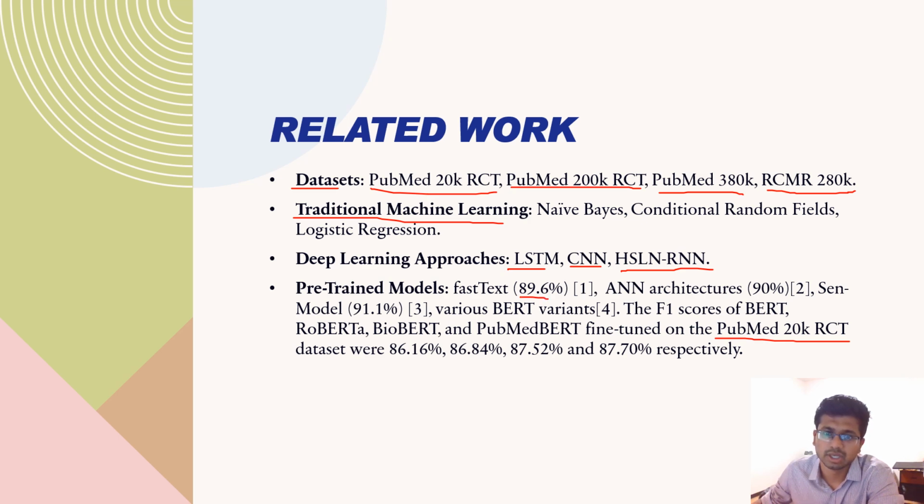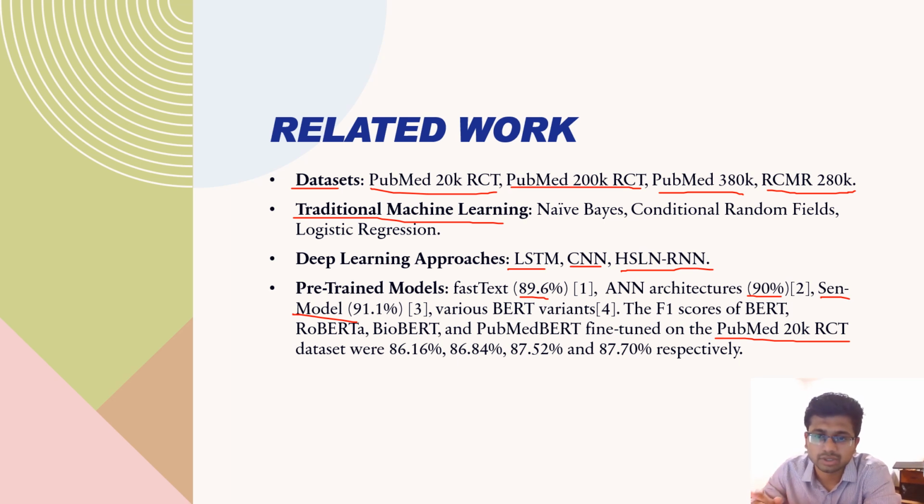Implementing the AN architecture has got 90%. You can check out this paper. They implemented that AN architecture, which got an F1 score of 90%. Then there is a model built in the paper which gave an F1 score of 91.1.